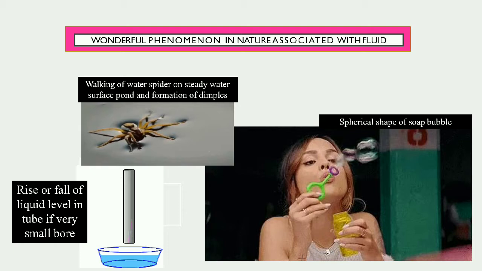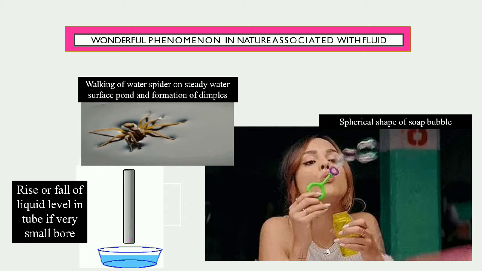Similarly, if you dip a capillary in a beaker of mercury, you again observe a change of liquid level, but the shape of the meniscus will be different. So what is the reason here?